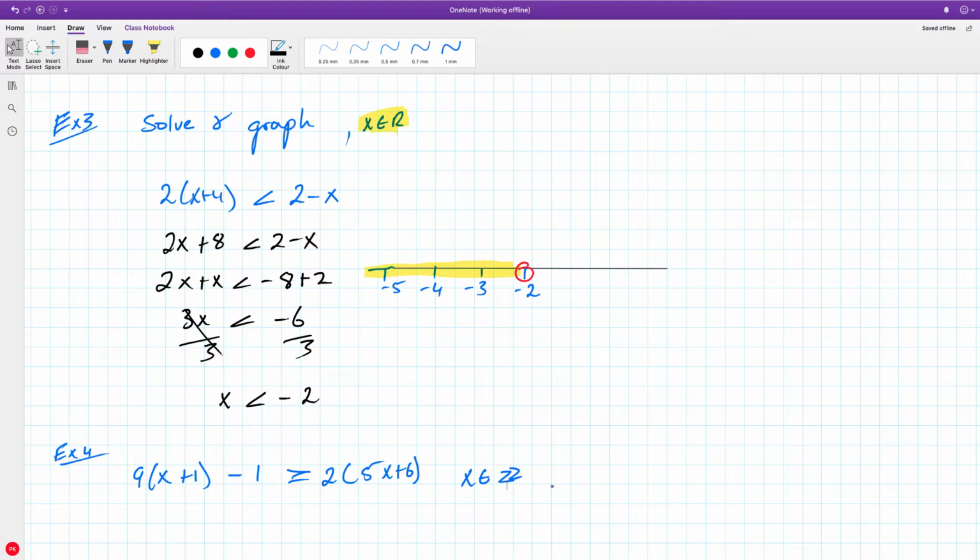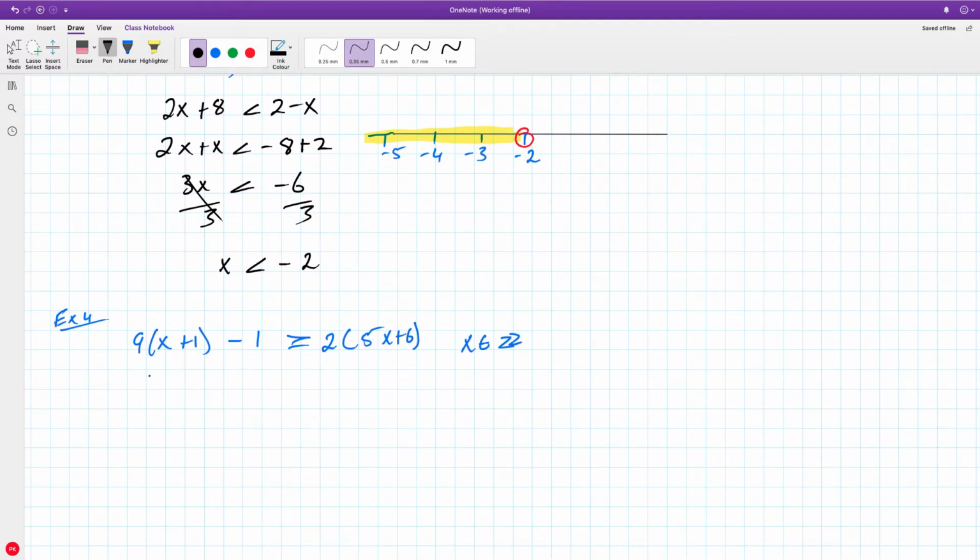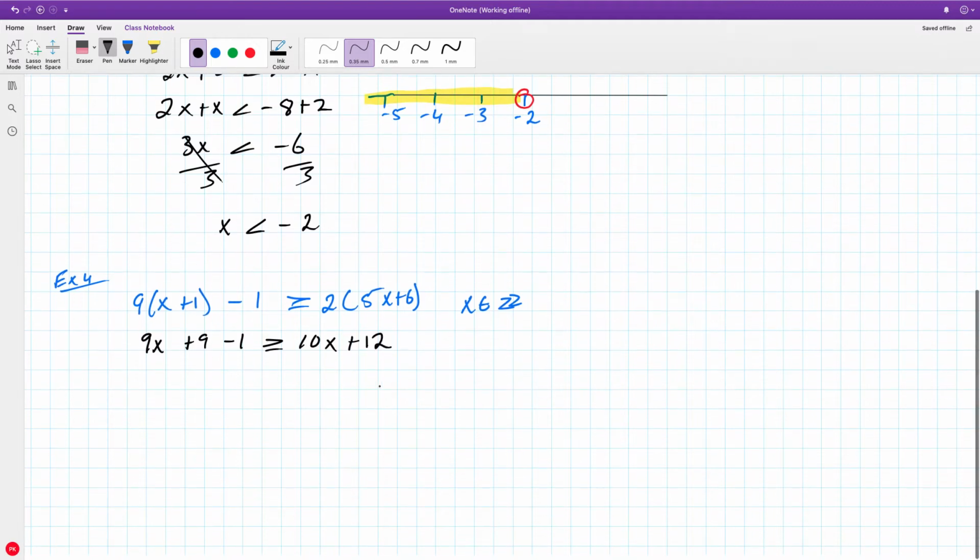Right, let's have a little look at it. So, 9 times x is 9x. 9 times 1 is 9, minus 1, greater than or equal to 2 times 5x is 10x, 2 times 6 is 12.